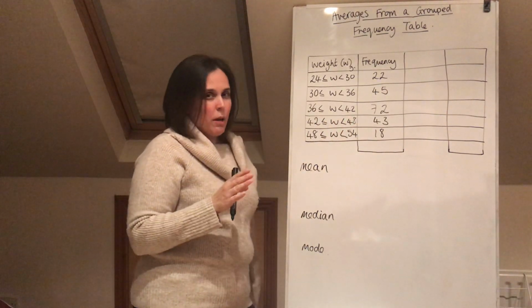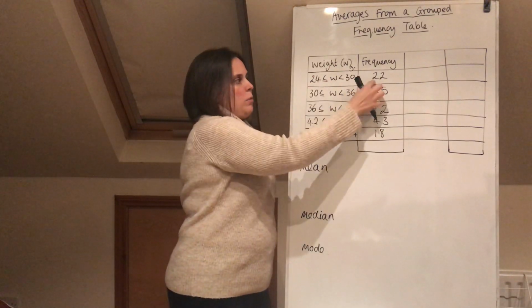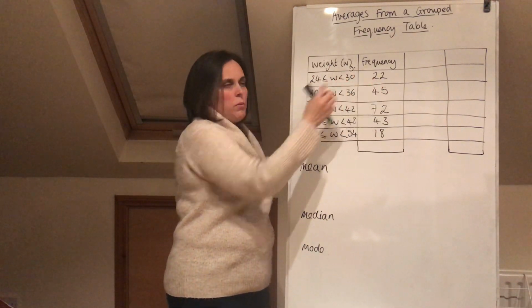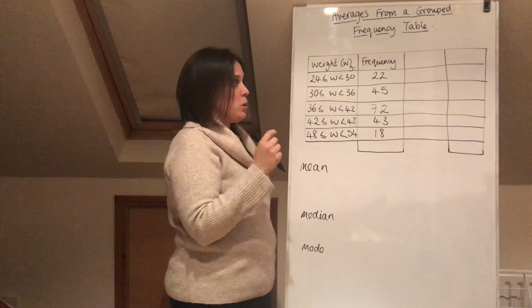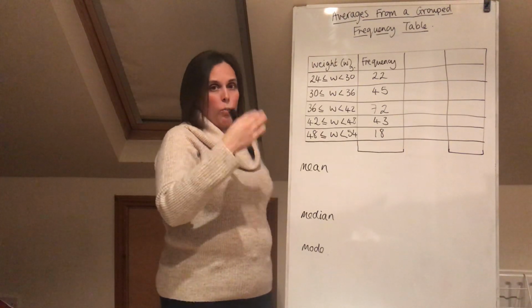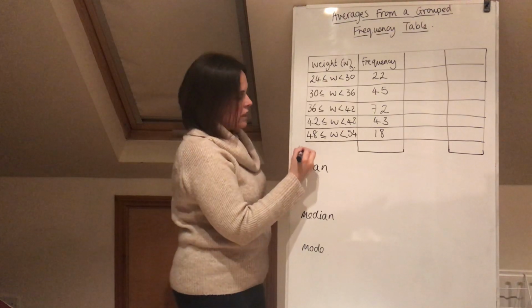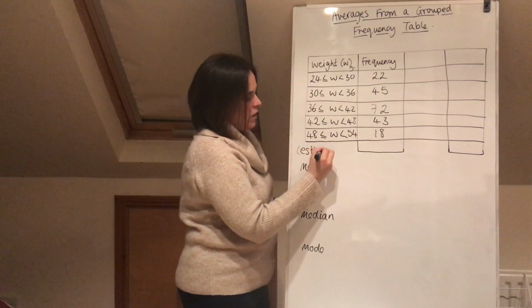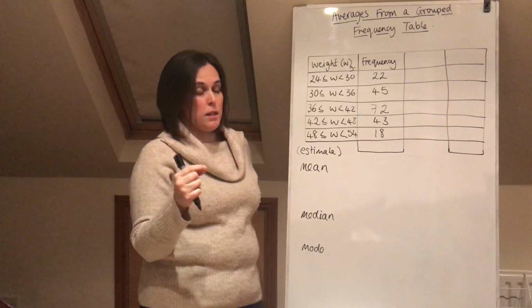Now we can't do that with a grouped frequency table, because how do we know where these 22 were? We know that 22 of these items were between 24 grams and 30 grams, but we don't know what they specifically weighed. So what we actually calculate is an estimate for the mean, and it will say that in the question: calculate an estimate for the mean.